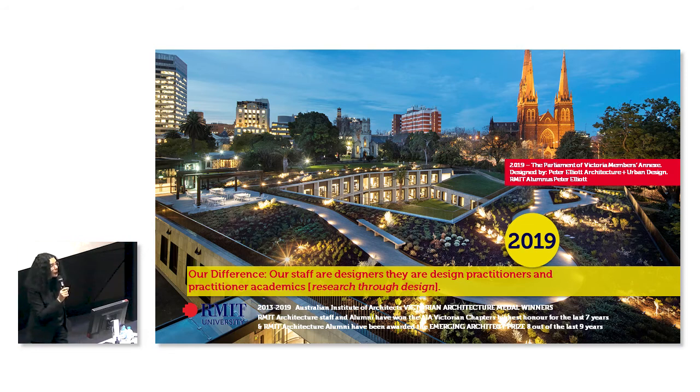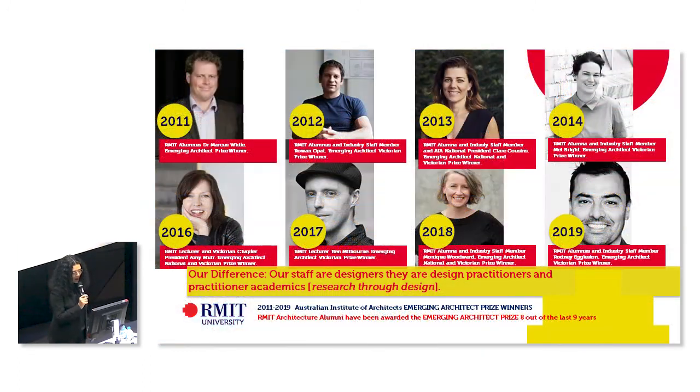And also we're very proud that Peter Elliott Architects, who also did quite a lot of work at RMIT and is also an alumnus, received the Silver Medal for this building. Some of you may have seen it on Open Day, the Parliament of Victoria Members Annex, which is a terrific way to put a building in that area in a very non-intrusive way.